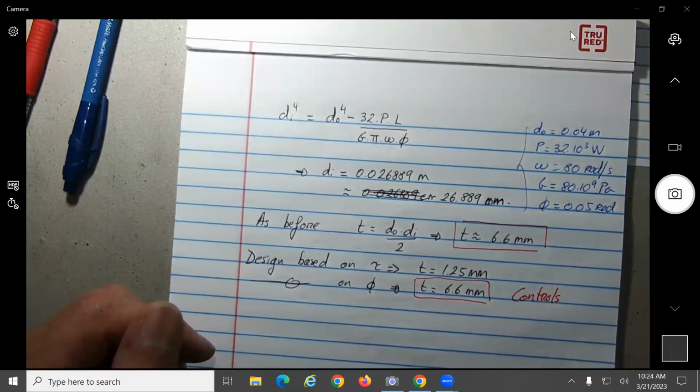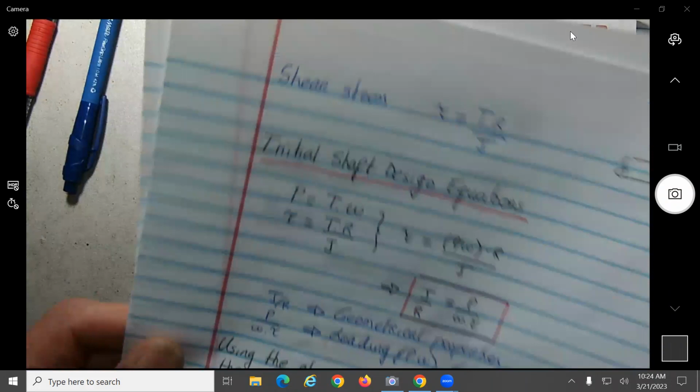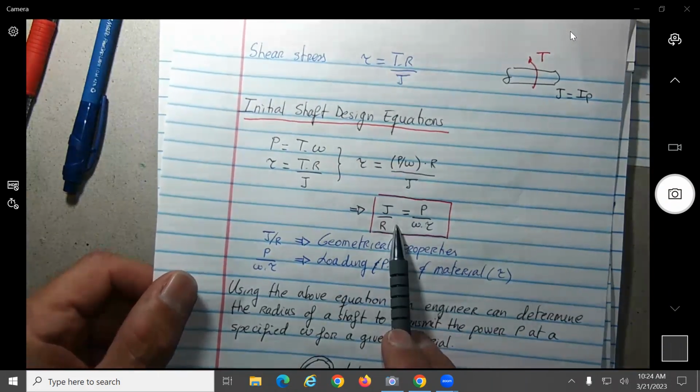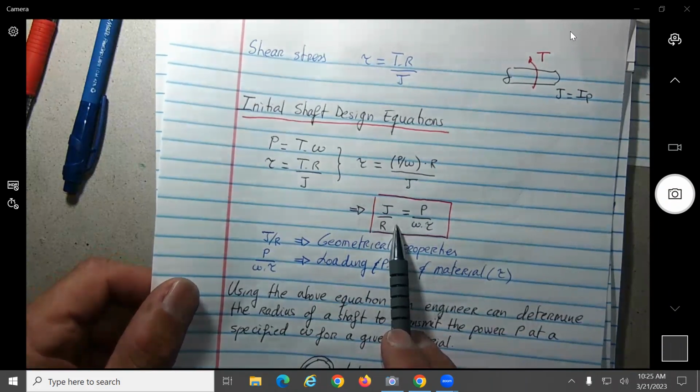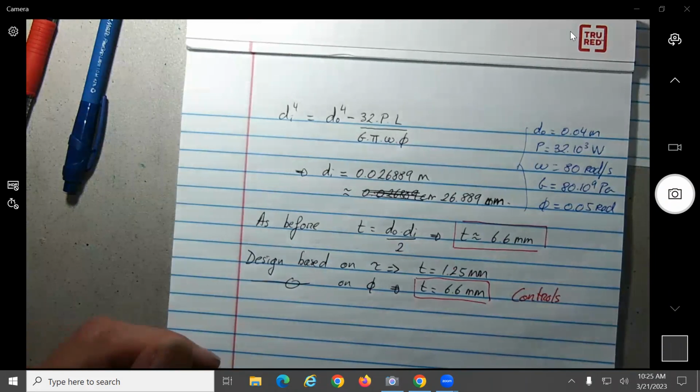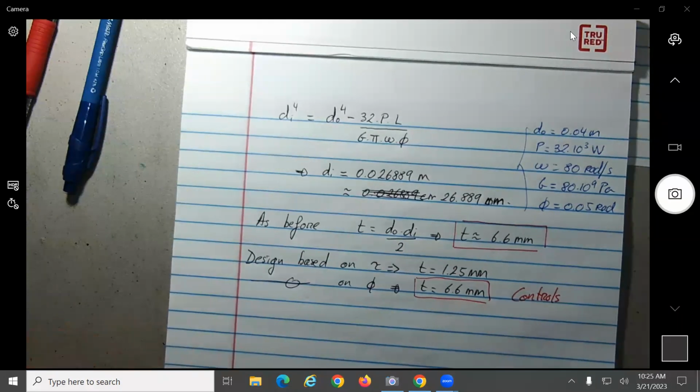If you only base the design on this equation, the one we derived before, you might think it's safe, but what will happen with the angle of twist? You will have a lot of slippage, and probably at least one of the teeth of the gears will end up failing.